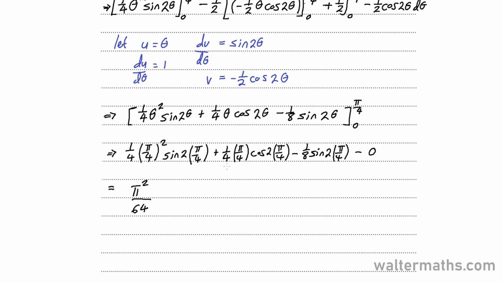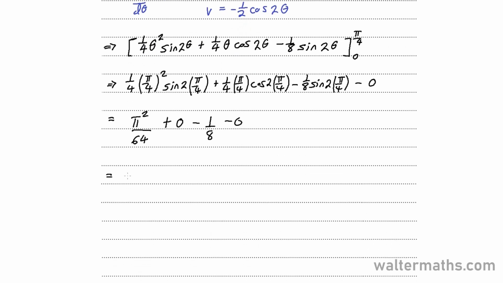So it's plus 0. And it's minus an eighth of sine of 2 of pi over 4. Remember we said sine of 2 of pi over 4 is sine of pi over 2, which is 1. So we get an eighth here, and it's minus 0. So we can simplify this to pi squared over 64 minus 1 over 8. So this is the answer that we get.